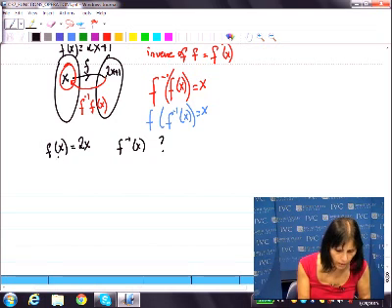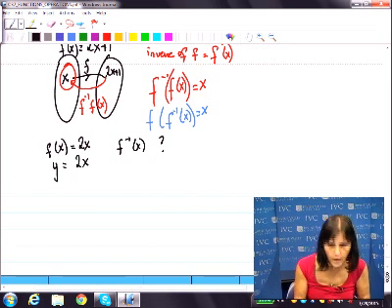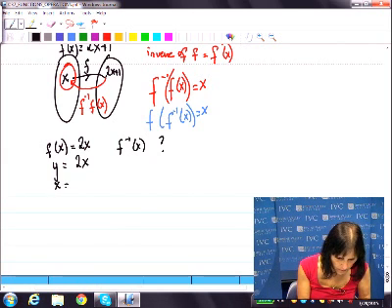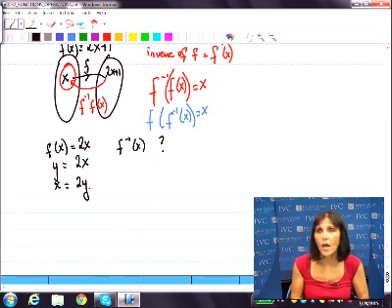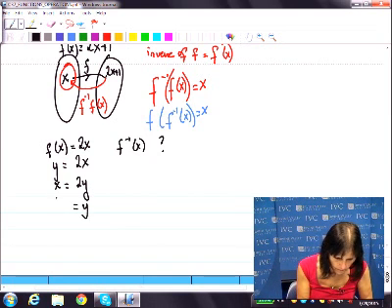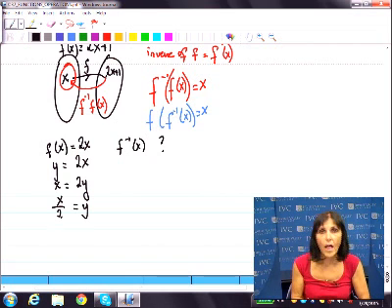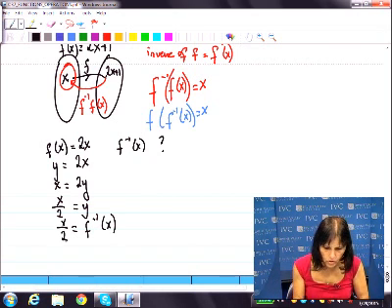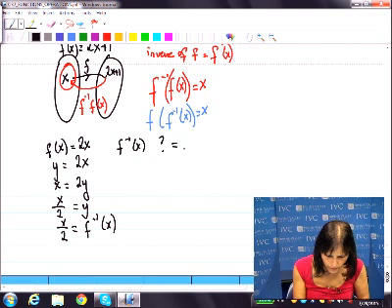Instead of f of x, you write y. And then you reverse x and y. Then you solve for y. Then you replace the y with f inverse notation. So f inverse of x is simply equal to x over 2.